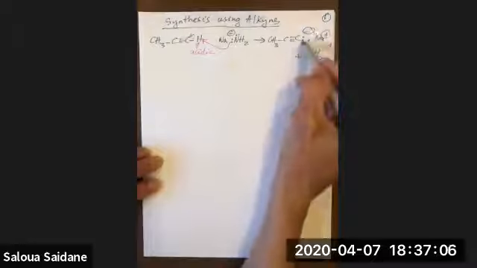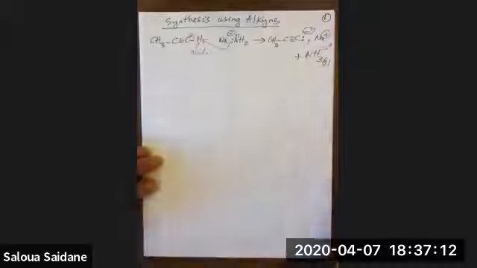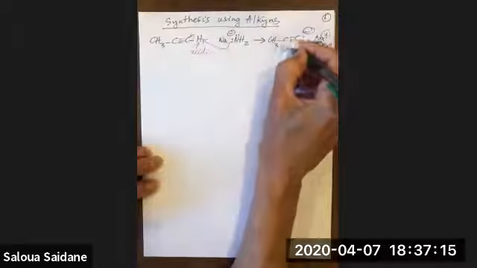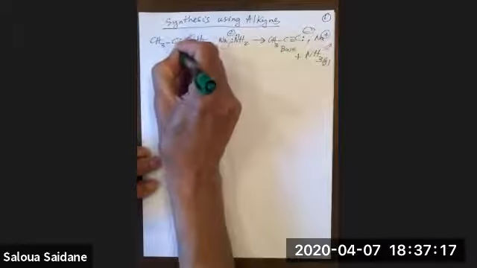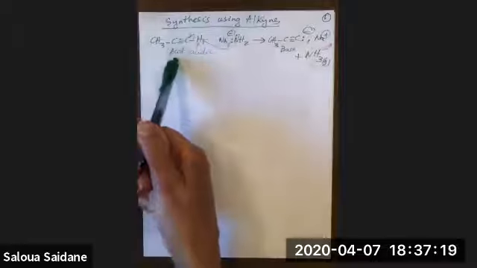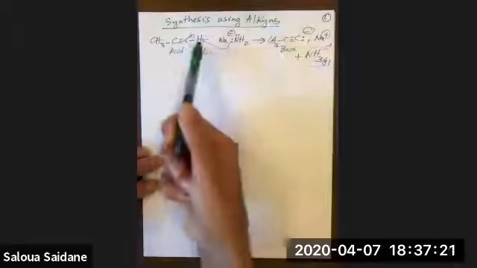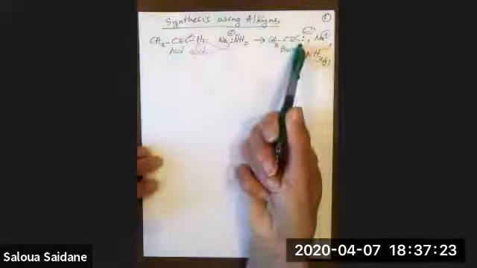And then it produces a conjugate base. You see this base right here. This is a base, of course. And this is the acid. So this is the acid. And when it loses its proton, it becomes this base.